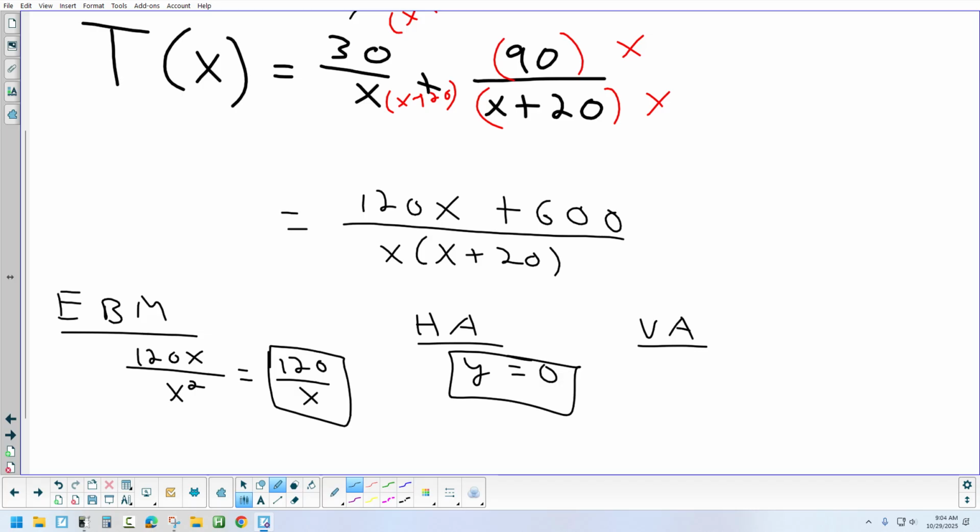So you will have 2 vertical asymptotes. What will my 2 vertical asymptotes be in this case? Yep. 0 and negative 20. So those are the roots of the denominator, but what would the asymptotes be? x equals 0, x equals negative 20. Okay, I think we're good with asymptotes now.